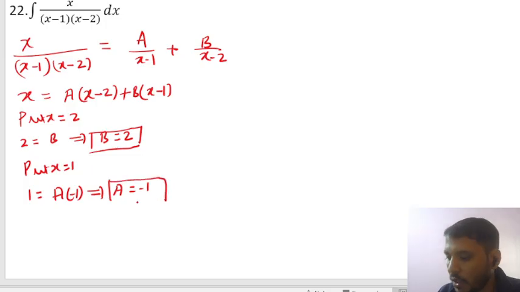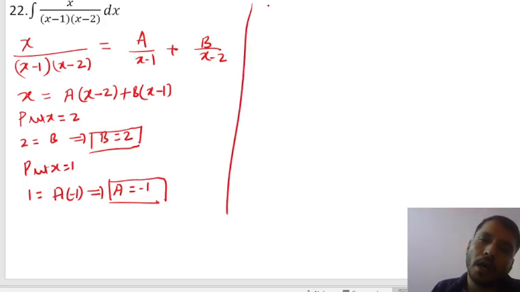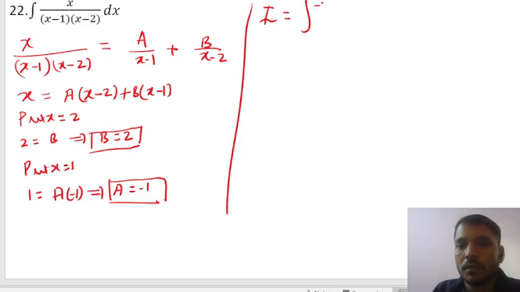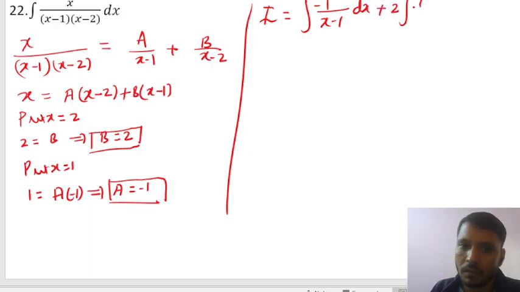That means now finally we can write our final answer. What will be the final answer? I is equal to the integration of a, that means minus 1 divided by x minus 1 into dx, plus b, where b is equal to 2, so 2 times 1 by x minus 2 into dx.